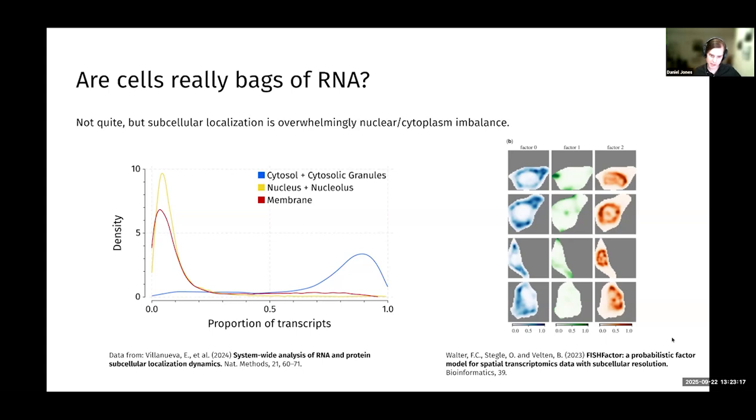There are some cell types where all of the RNA is localized in a way. A good example that I've been dealing with recently, trying to help a group with, is adipocytes, where a lot of the cell is taken up by lipid droplets. So the RNA in the cell will be pushed to one side or the other.